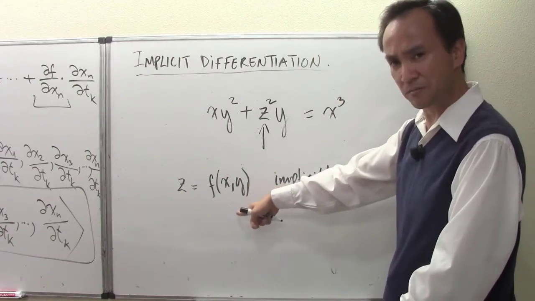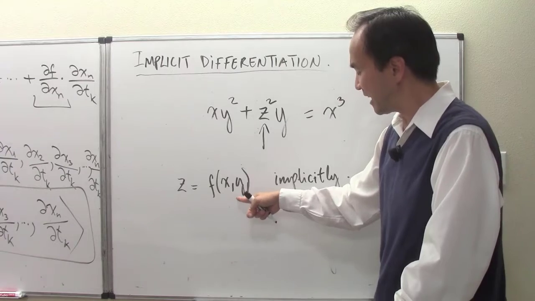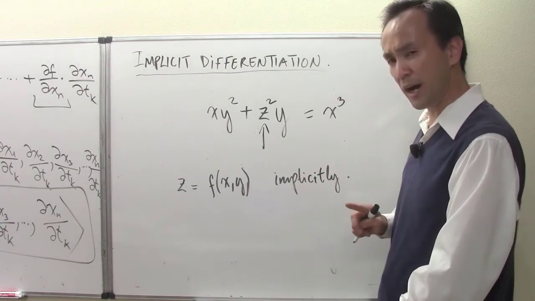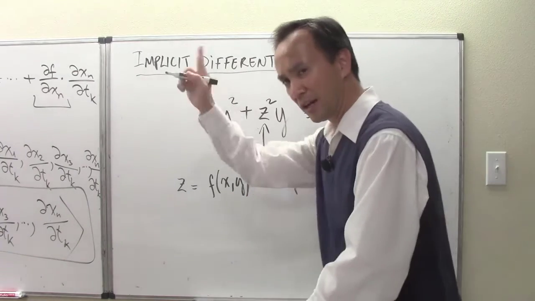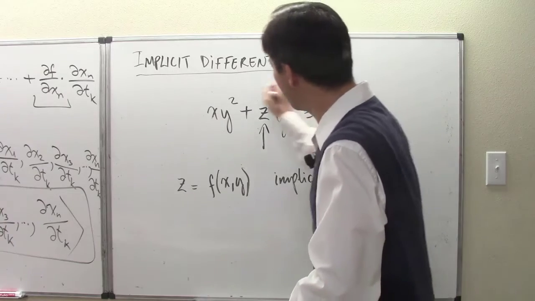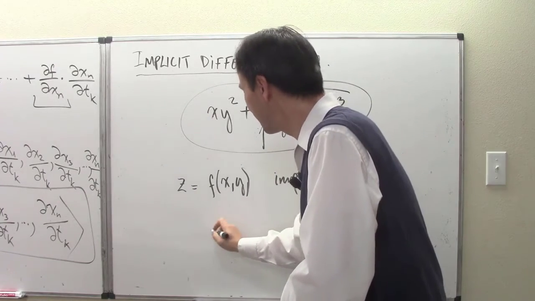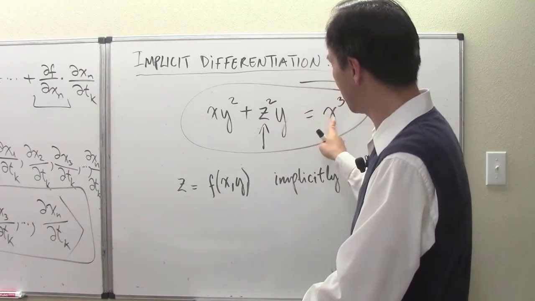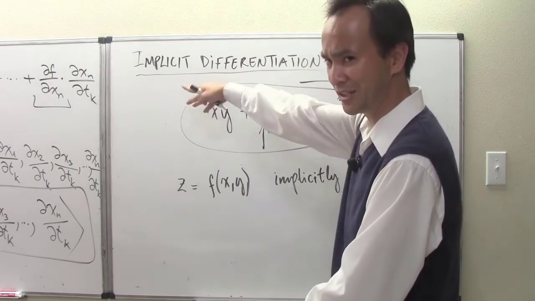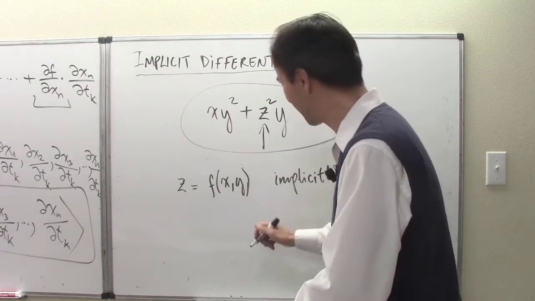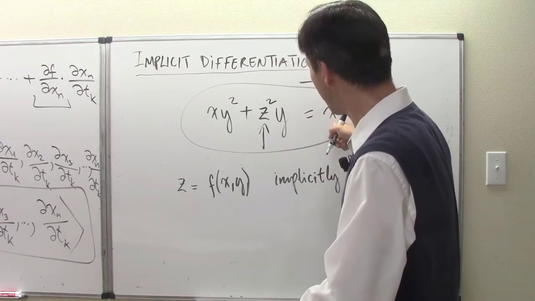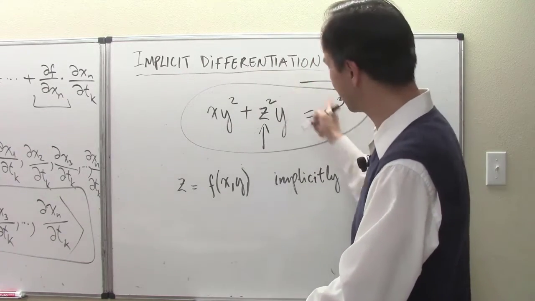If z is a function implicitly defined in terms of x and y, the number one thing we do is as follows. We turn this equation into, I'm going to completely bring all terms to one side. So subtracting the x cubed from both sides, I bring that x cubed to the other side.